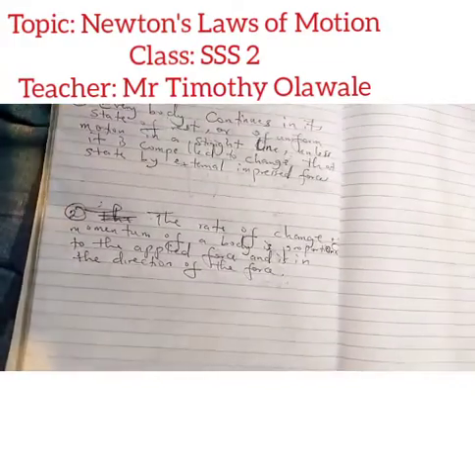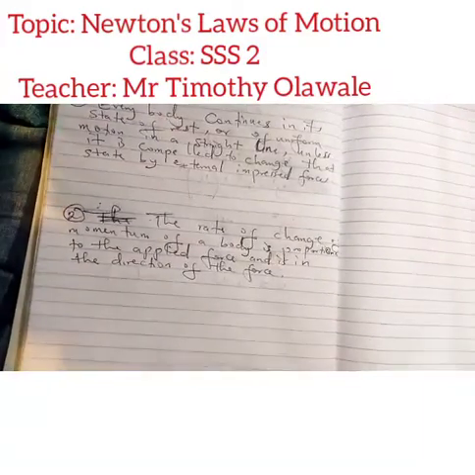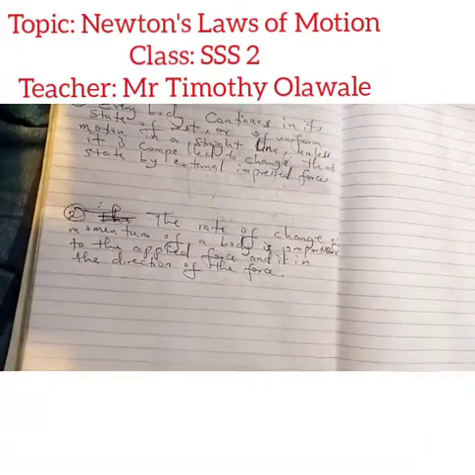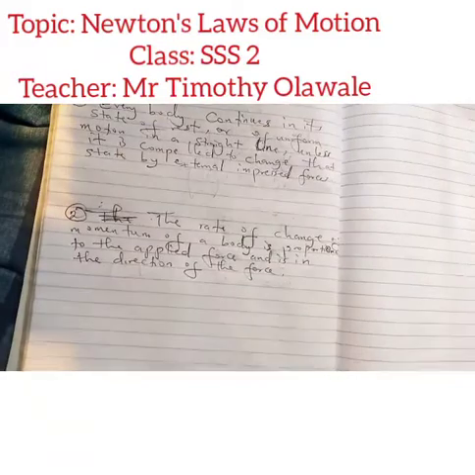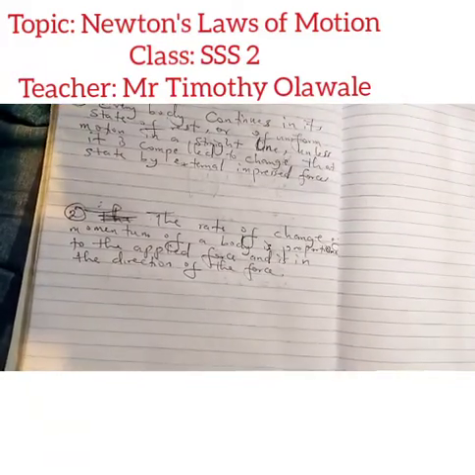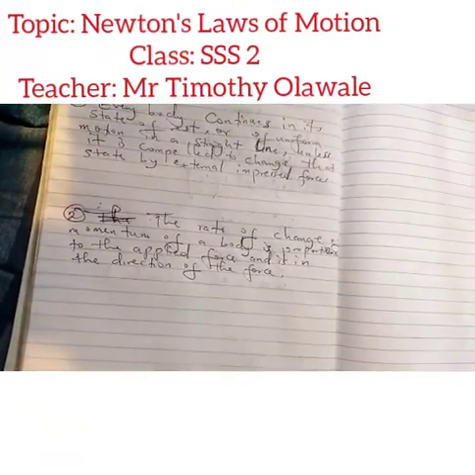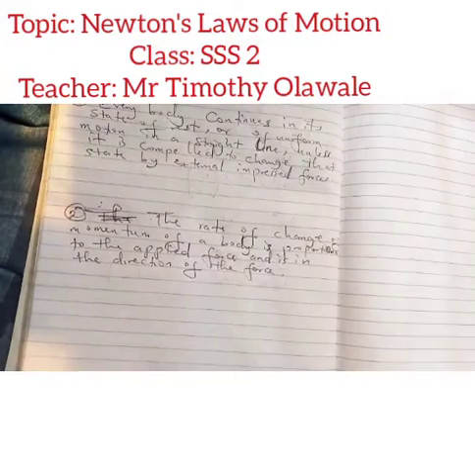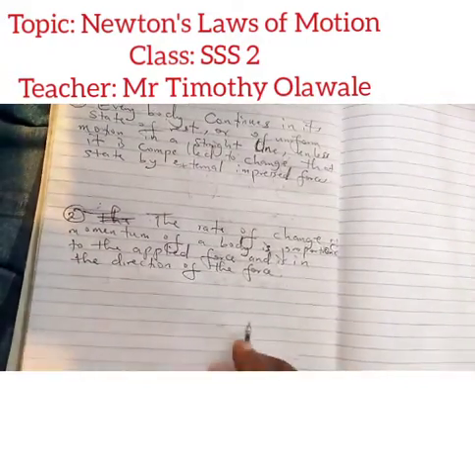So you are going to observe that a word is introduced here: the word momentum. So that takes us to what is momentum, or what we call linear momentum. I want you to take note of that.